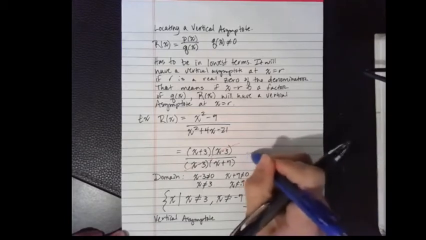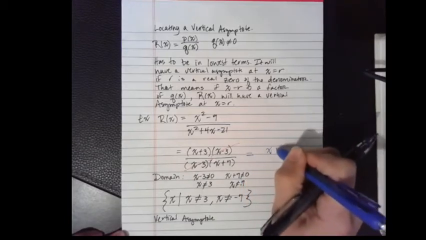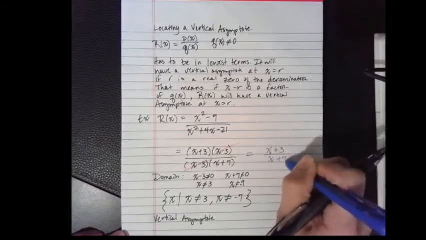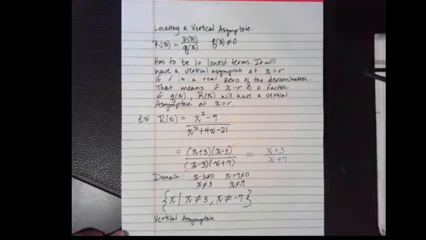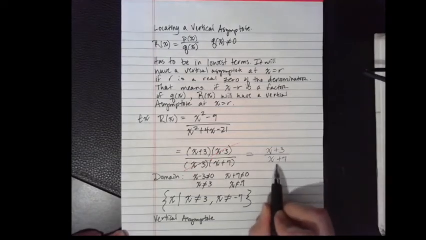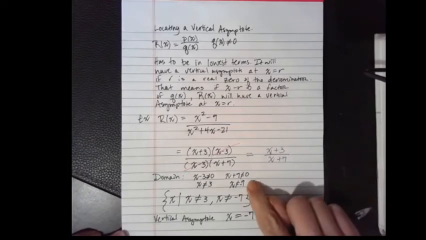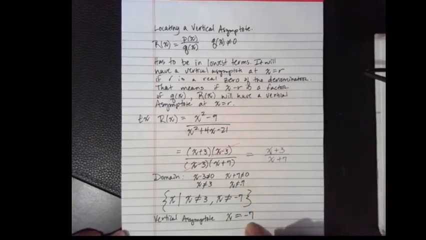Okay, so this over here is equal to x plus 3 in the numerator, x plus 7 in the denominator. So my vertical asymptote, I'm only looking at x plus 7. So here, I have a vertical asymptote at x equals -7. And I already solved that here, so I can just rewrite it as my vertical asymptote.